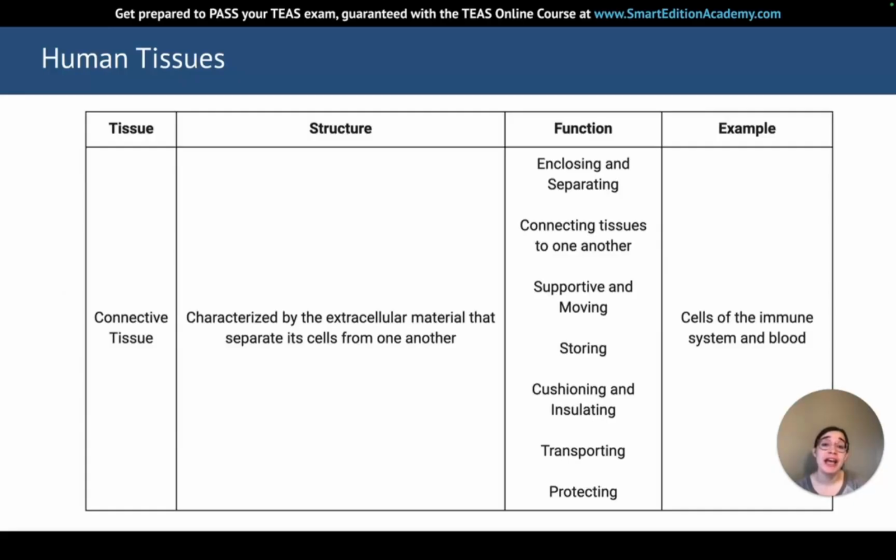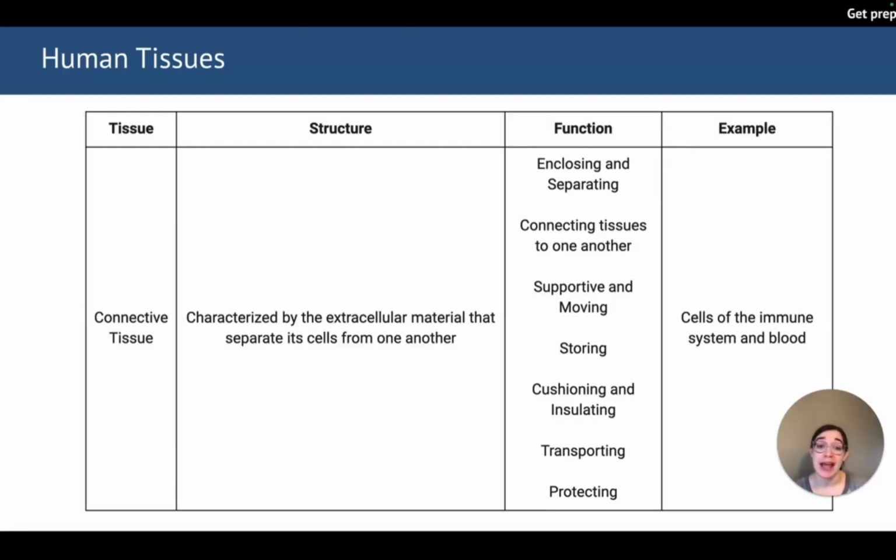Connective tissue is characterized by the extracellular material that separates its cells from one another. Of the 4 tissue types, connective tissue has the most diverse array of functions. It can enclose and separate. It can connect different tissue types to one another. It provides support and movement.